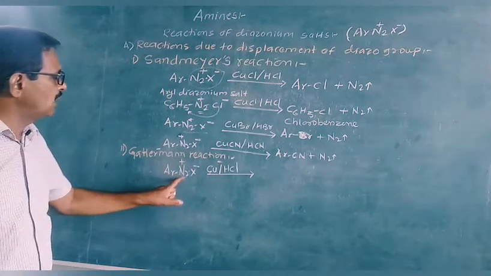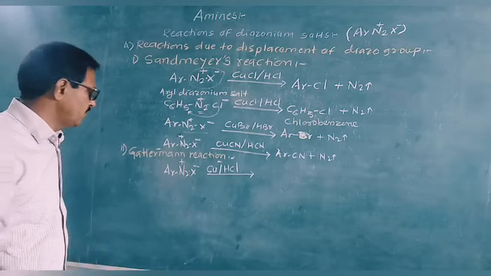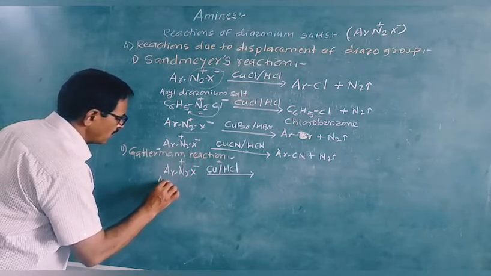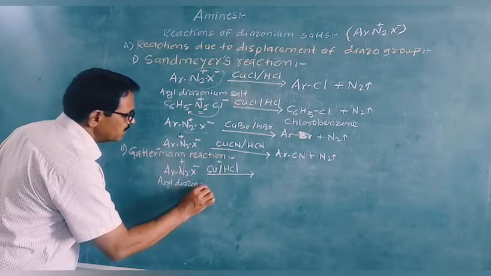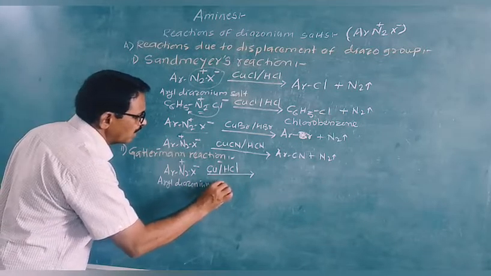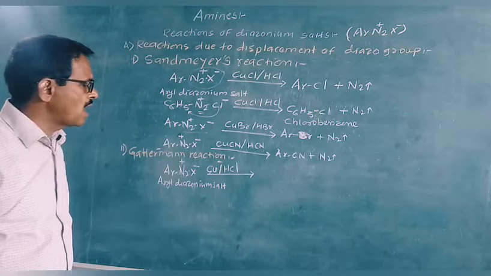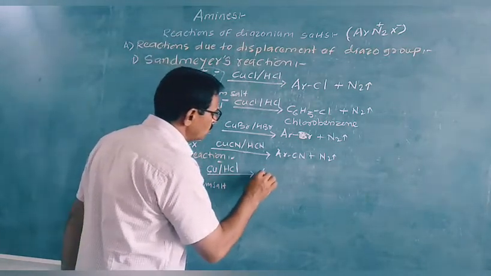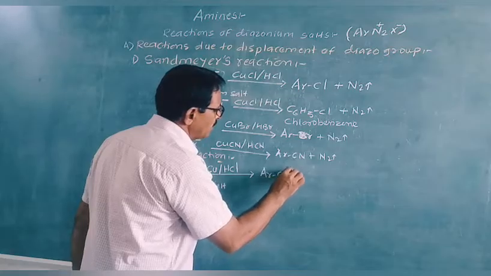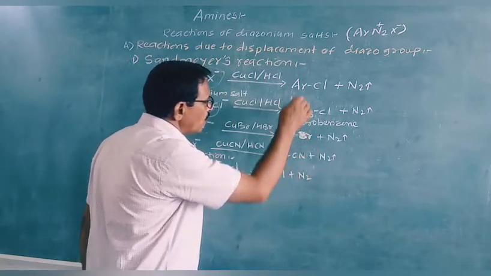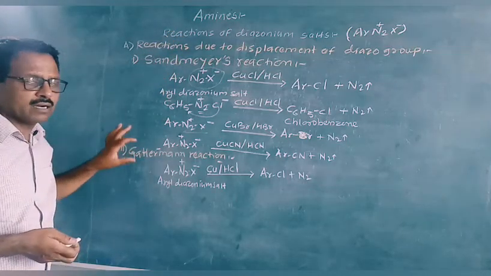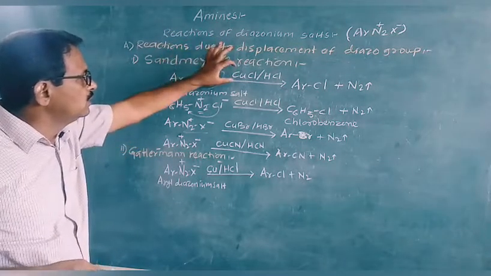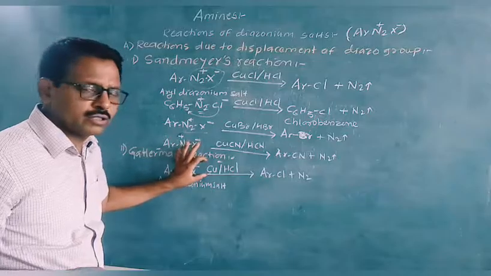When the aryl diazonium salt is treated with copper and HCl, it gives phenyl chloride plus N2. The reaction is the same as the Sandmeyer reaction, just instead of CuCl we take copper powder.